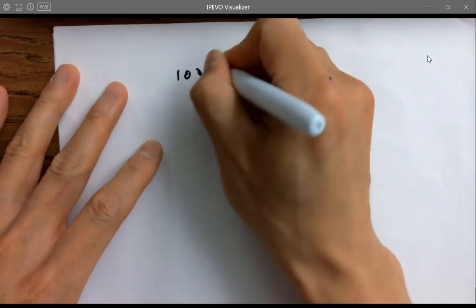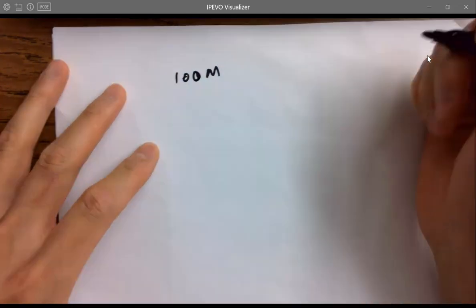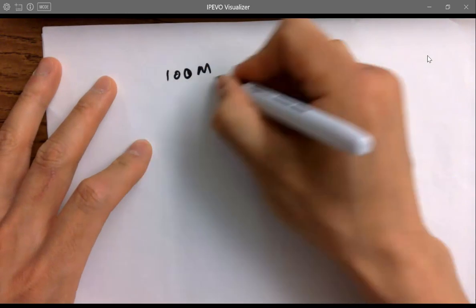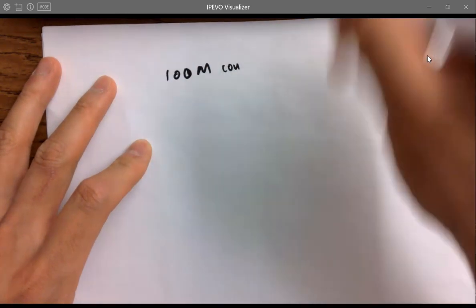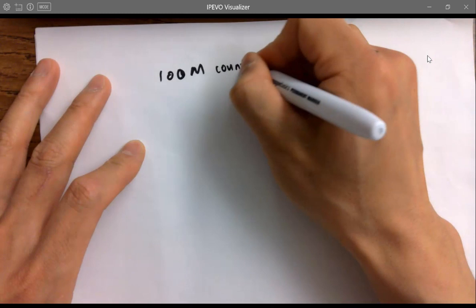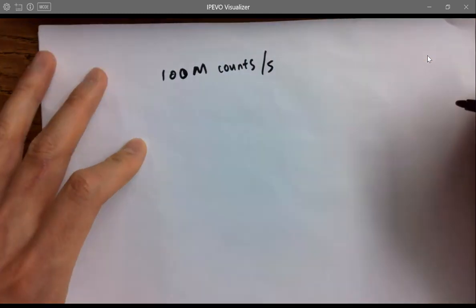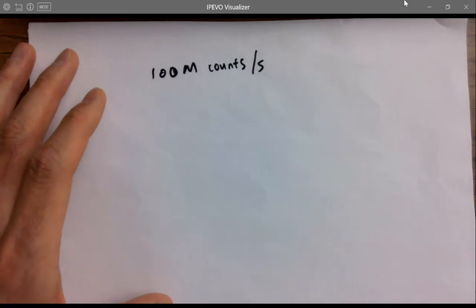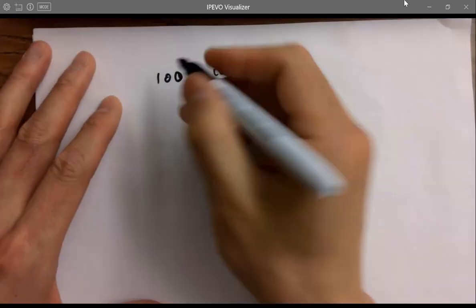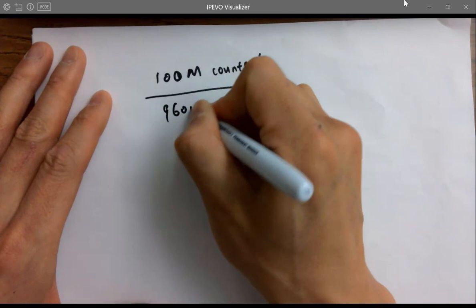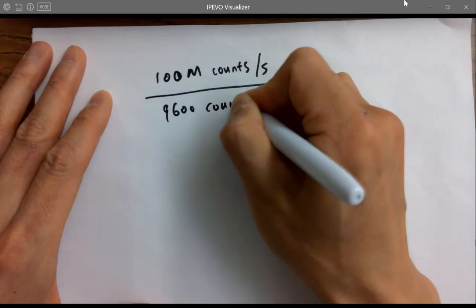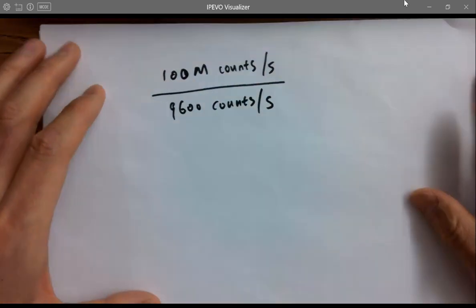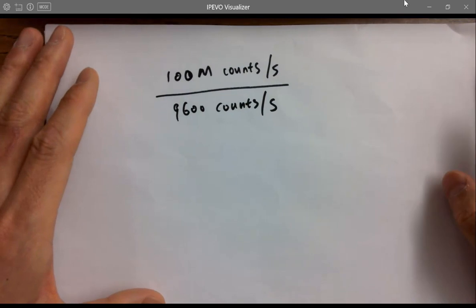So 100 mega counts, or rising edges, like 100 mega boom, boom, rising edges per second. Okay, so 9600 counts per second is the baud rate we are using.